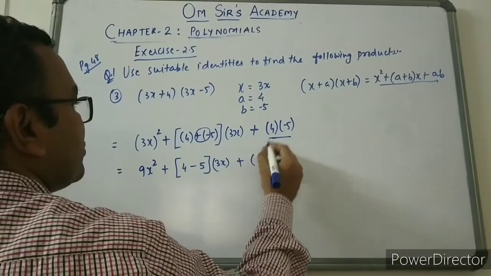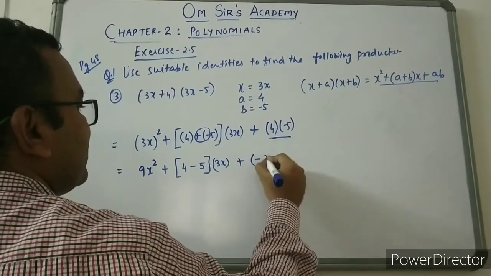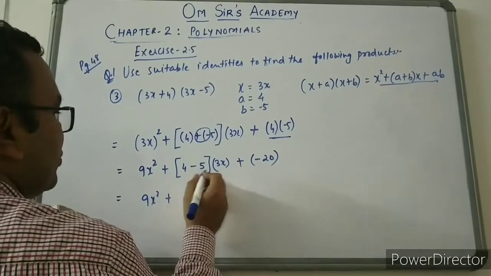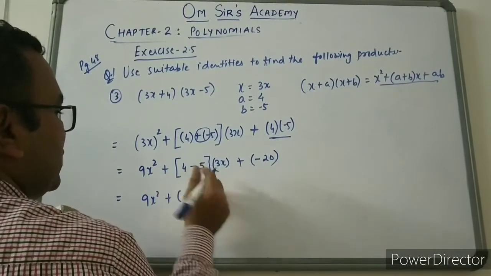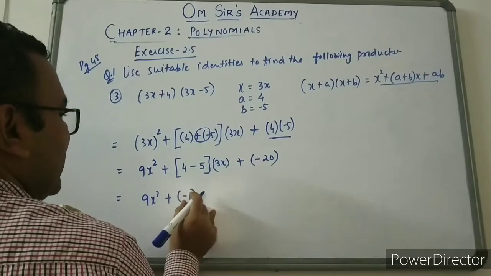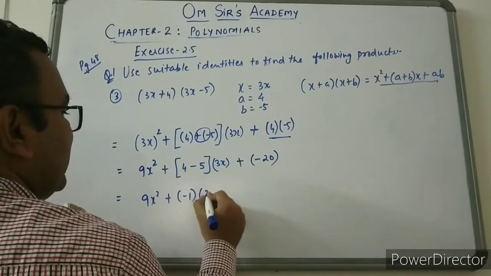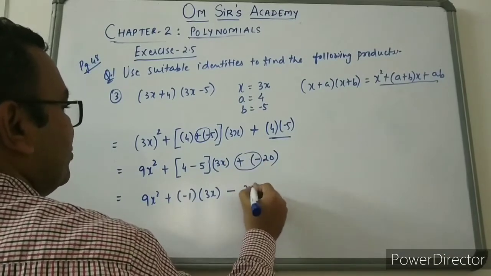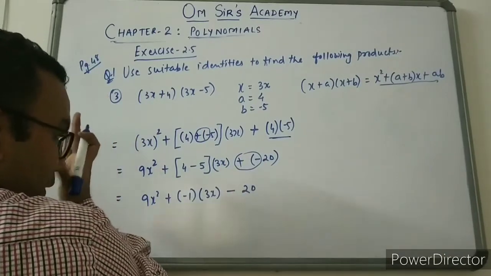These two are multiplied, so plus into minus is minus, 4 fives are 20. Now it will be 9x² plus (4 - 5) is -1 into 3x, plus into minus, this will again be minus, so it will be -20.